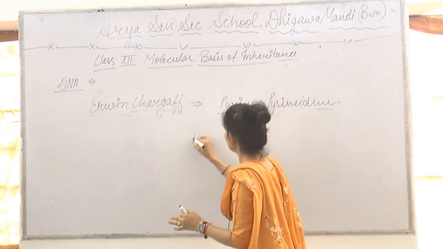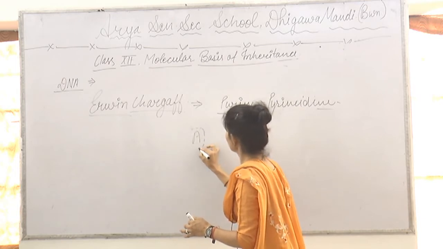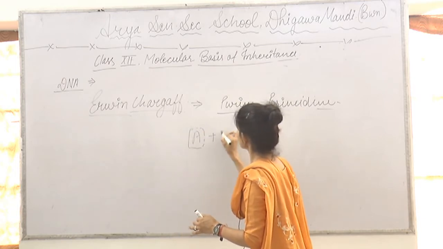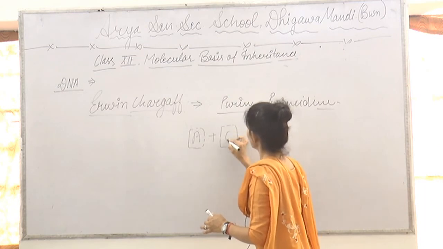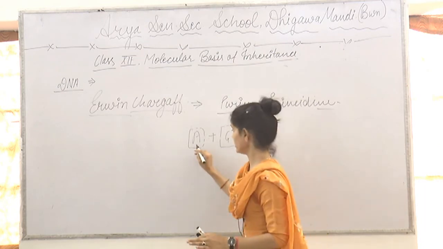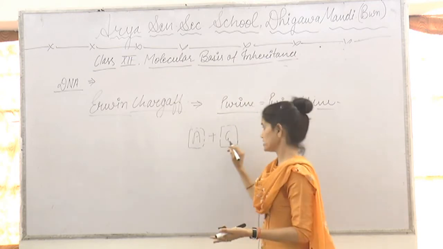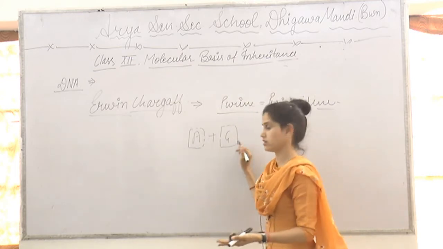For example, A plus G. What is A here? Here A is adenine. What is G here? G is guanine.